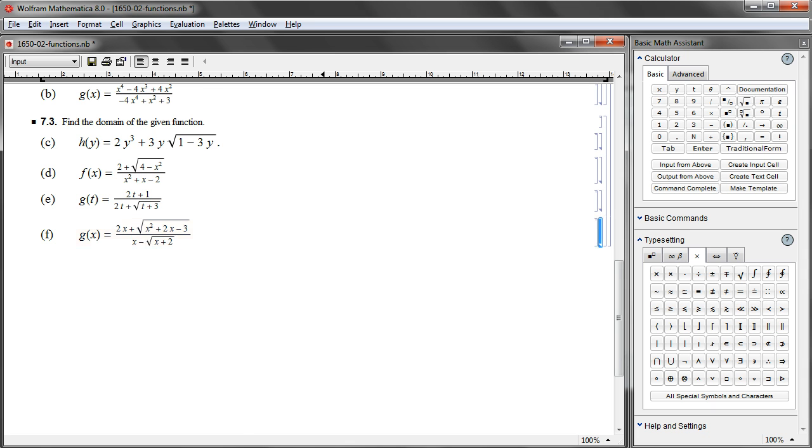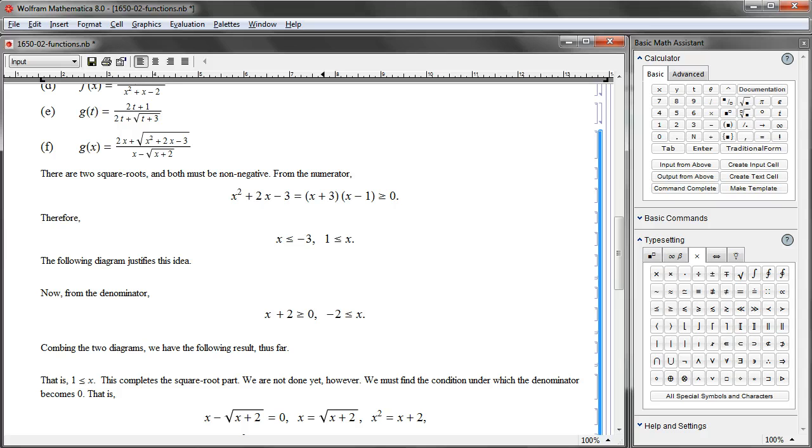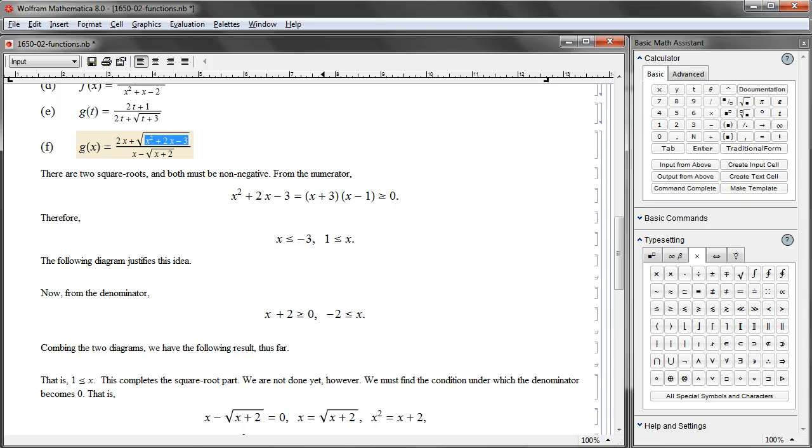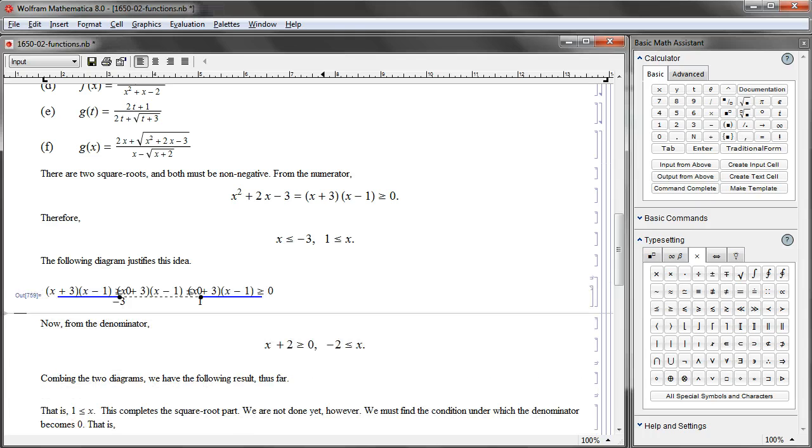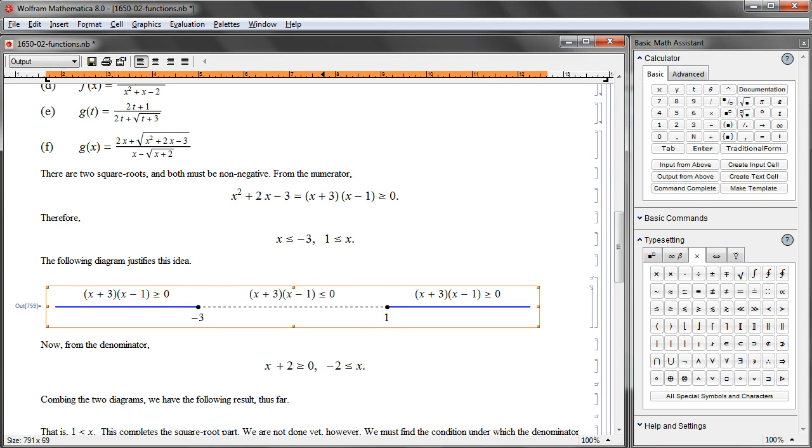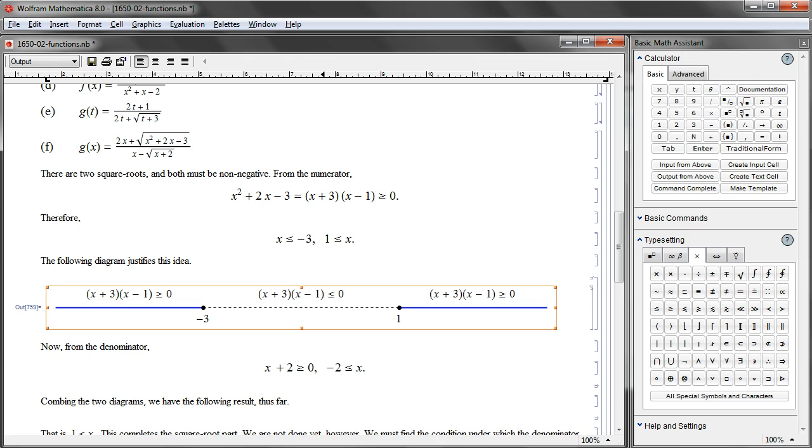It kind of goes like this. First radical, we have the numerator in the numerator. This one has to be greater than or equal to 0. We have this inequality, and solving that inequality, you get x is less than or equal to -3, or x is greater than or equal to 1, or in interval notation, -∞ to -3, or 1 to positive infinity.